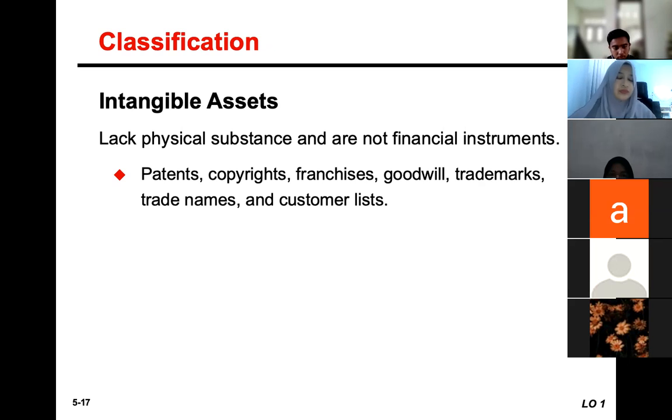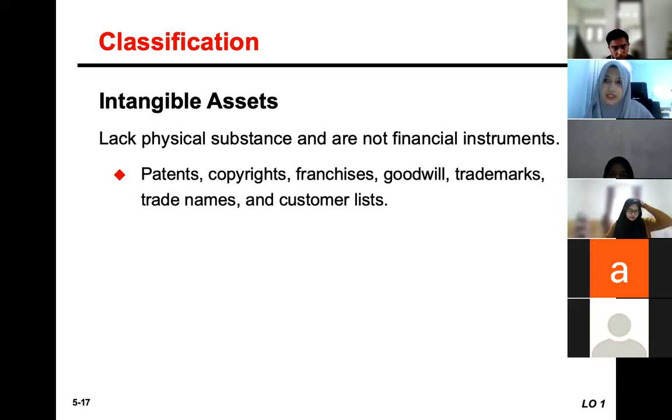Intangible assets may include trademarks, franchises, copyrights, customer lists, patents, and goodwill. Goodwill is the difference between the price that we pay and the fair value of the company that we are purchasing.